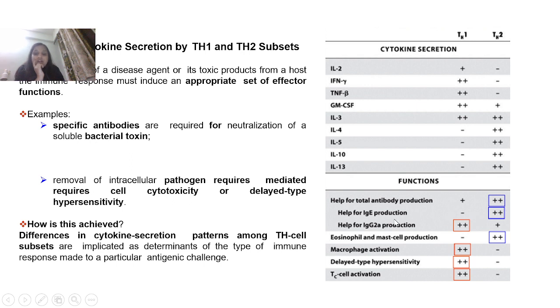For IgE production, this Th2 cell is responsible. For IgG2a production, this Th1 is responsible. Then eosinophil and mast cell production, Th2 is responsible. For macrophage activation, delayed type hypersensitivity, Tc cell activation, this Th1 is responsible. So, all the different kinds of cytokines secreted by the Th1 and Th2 cells determine what kind of function that particular subset is going to do.